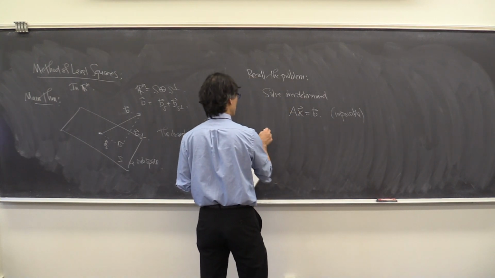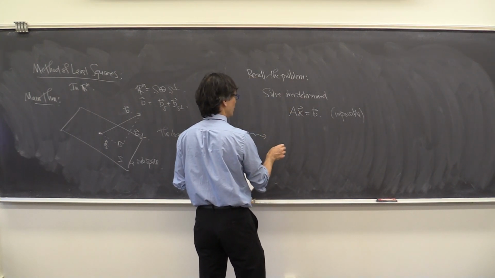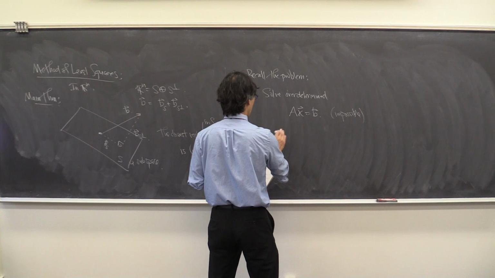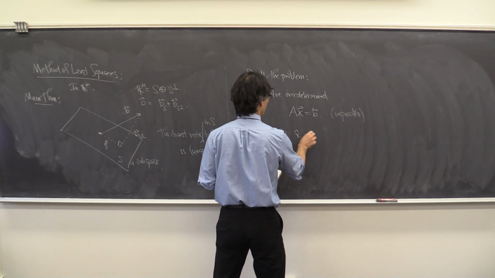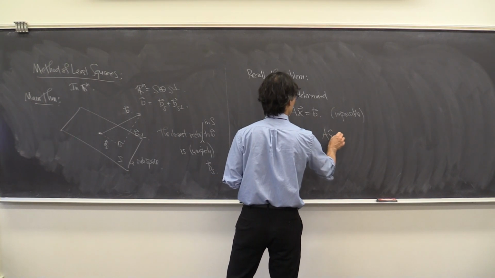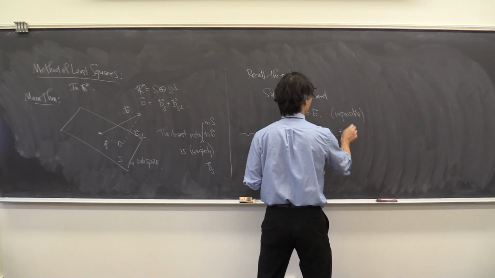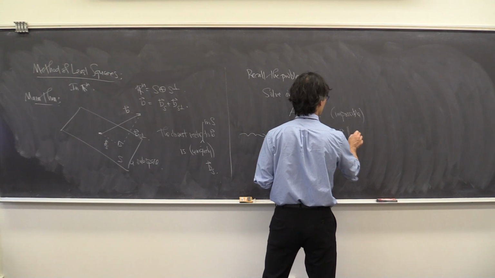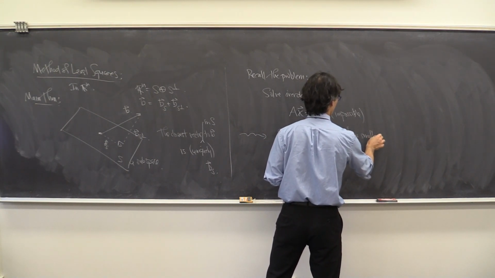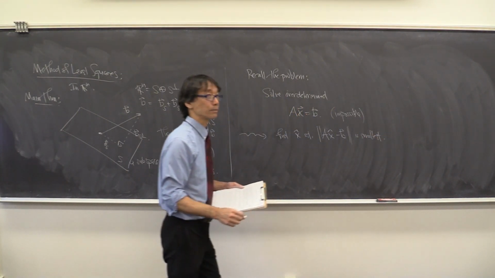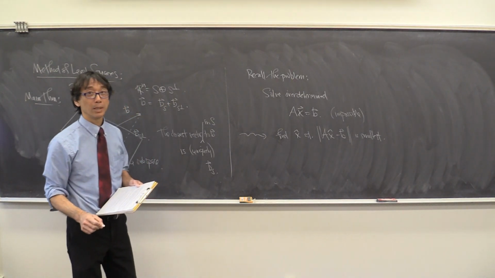So you change the problem to find x hat such that AX hat minus B is smallest. Right?